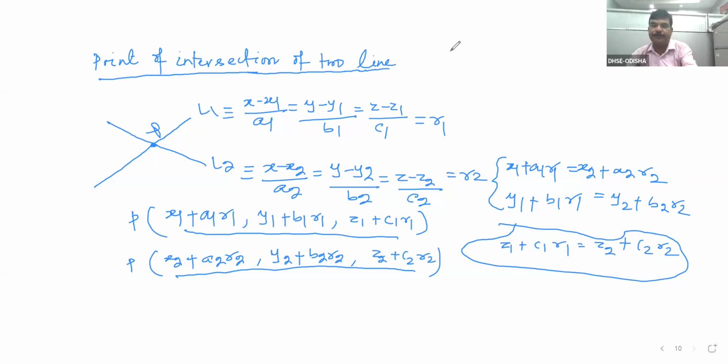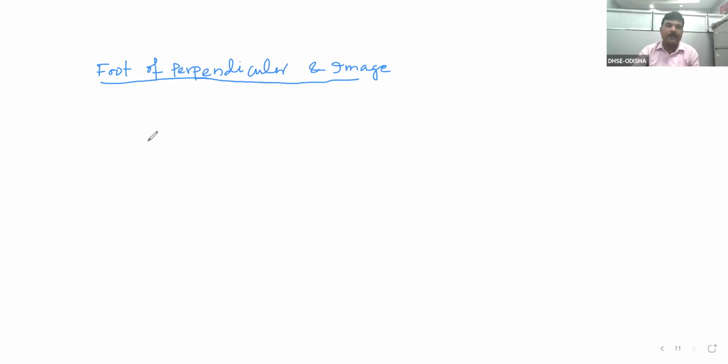Then come to foot of the perpendicular and image. First foot of the perpendicular.